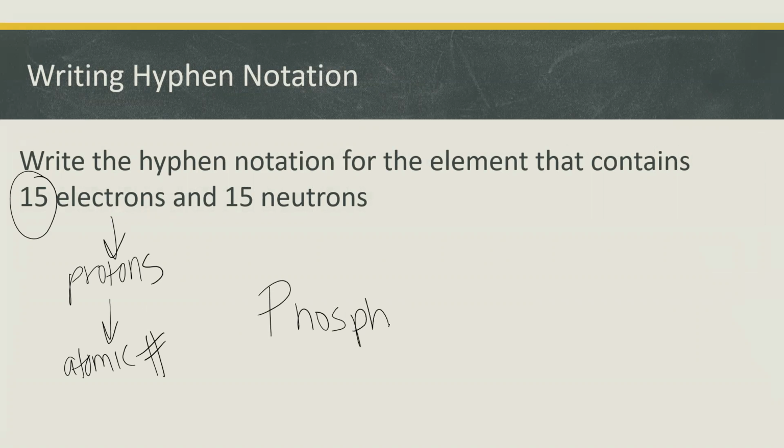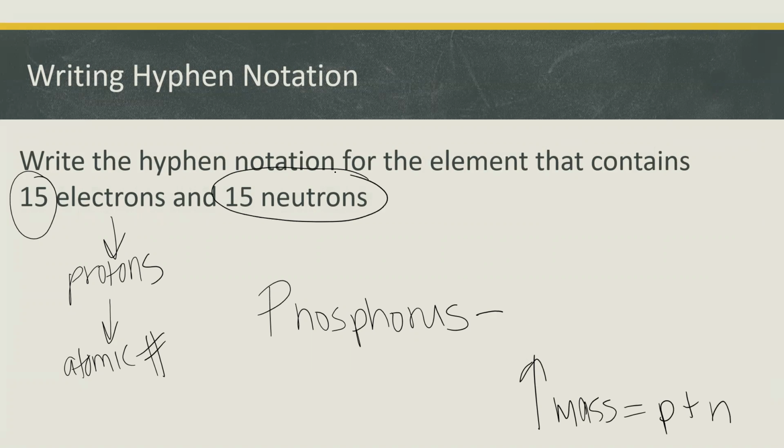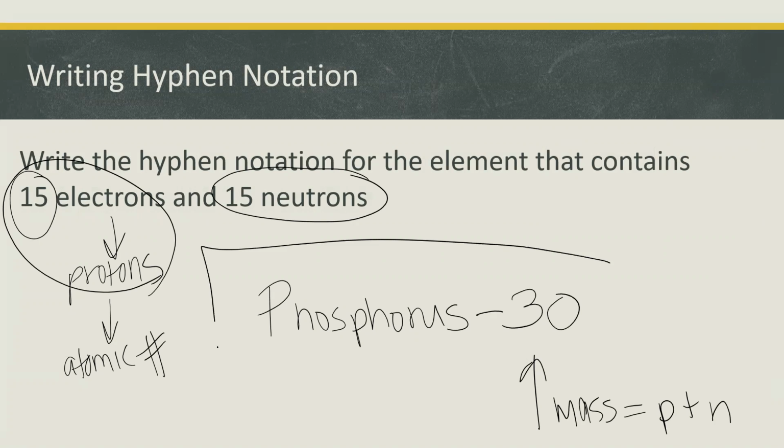So you write out the element name, put a dash, and then I need to find the atomic mass, which goes here. Mass is equal to the number of protons plus the number of neutrons. Well, I have the number of neutrons here, and I have the number of protons here. So 15 plus 15 is 30. That is hyphen notation.